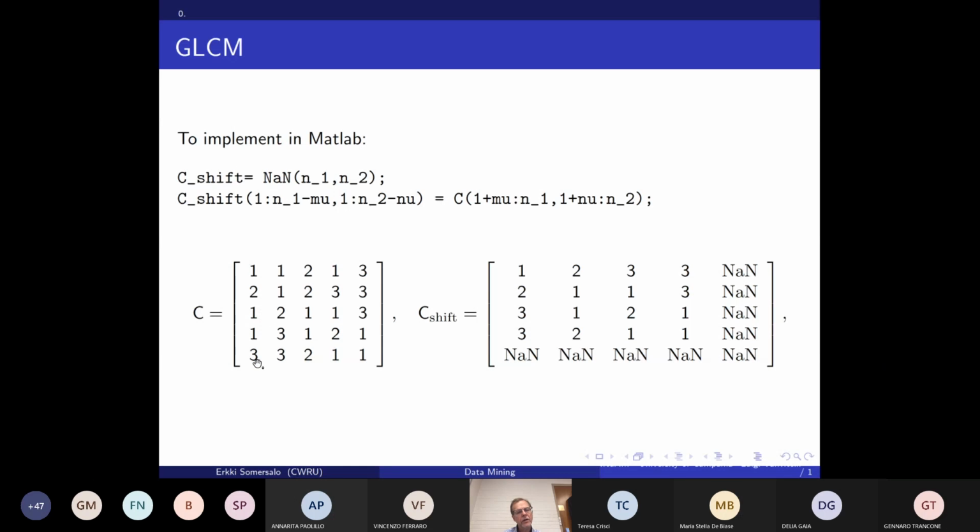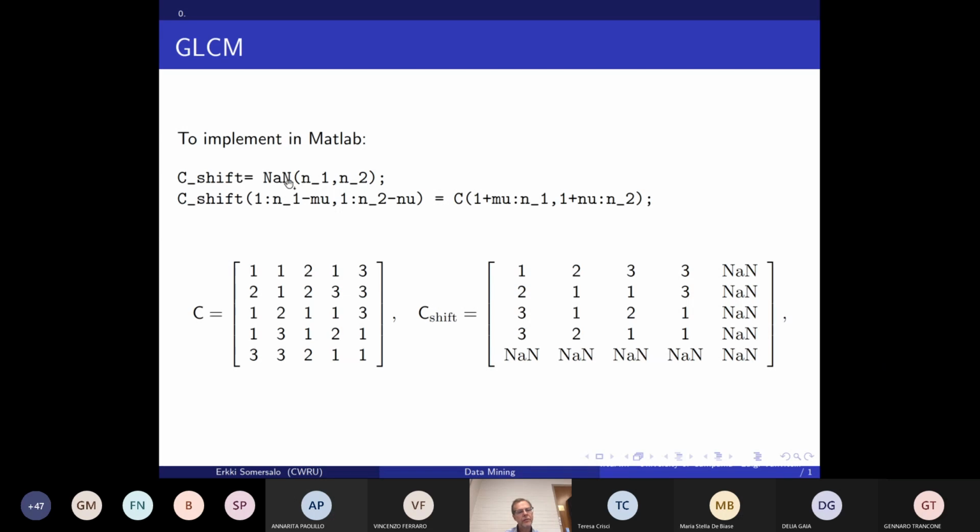Then, if my shift is 1, 1, as I did in the previous case, what I'm doing is shifting the whole image 1 step to the left and 1 step up, so that effectively, when I'm comparing with the original image, I'm superimposing the 2 pixels that I'm comparing. I'm doing this by defining a matrix which is first of all full of not-a-number values.